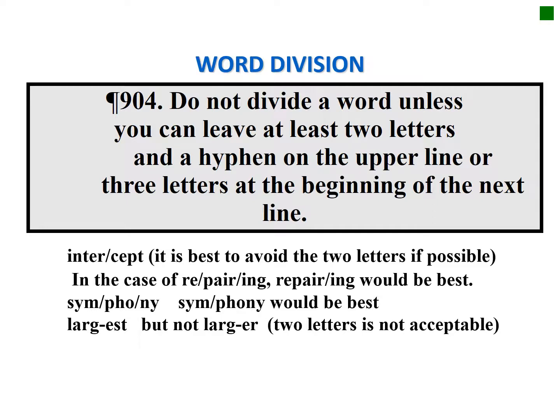So I would recommend, if you can, inter-cept. In the case of repairing, it would be best to do repair hyphen ing on the next line rather than re and then pairing on the next line. In symphony, rather than have those 2 letters, I would do sym and then phony. Largest, larger, you could not do larger with 2 letters.